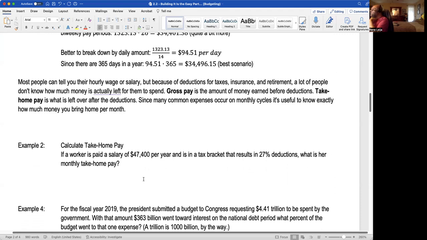If a worker is paid a salary of $47,400 per year and is in a tax bracket that results in 27% deduction, what is her monthly take home pay? Okay, so first I need to find 27% of the 47,400.